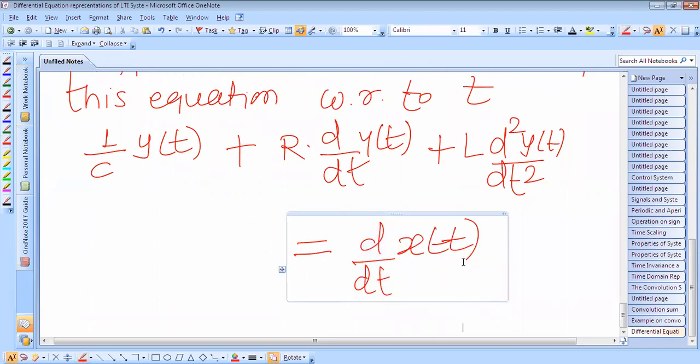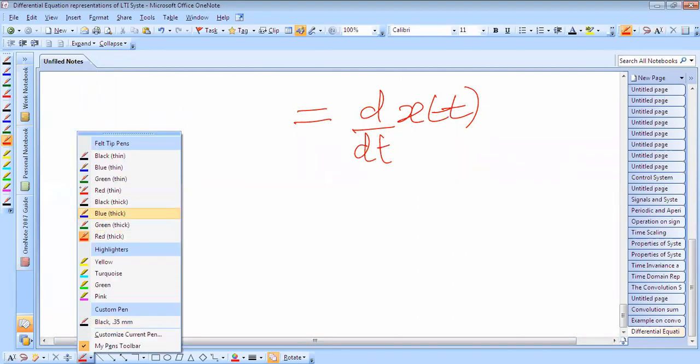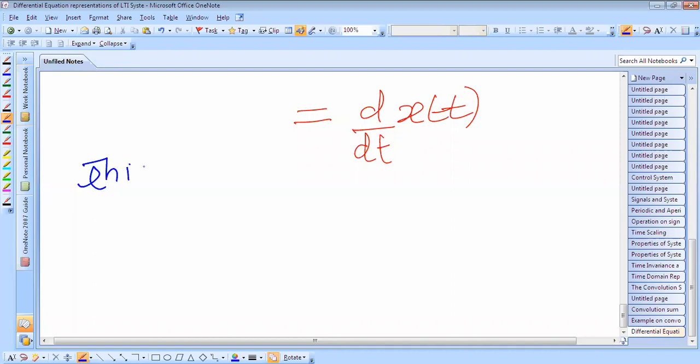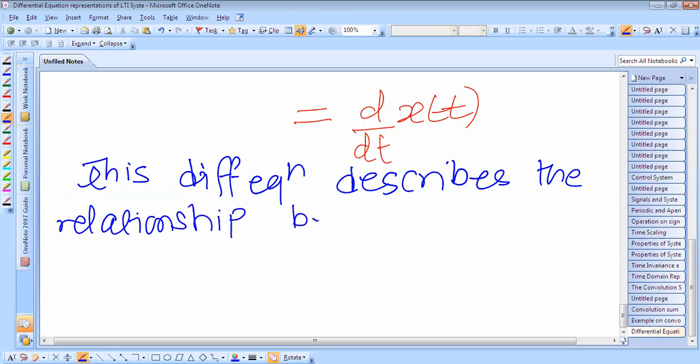So this differential equation describes the relationship between the current, which, what is the current here?